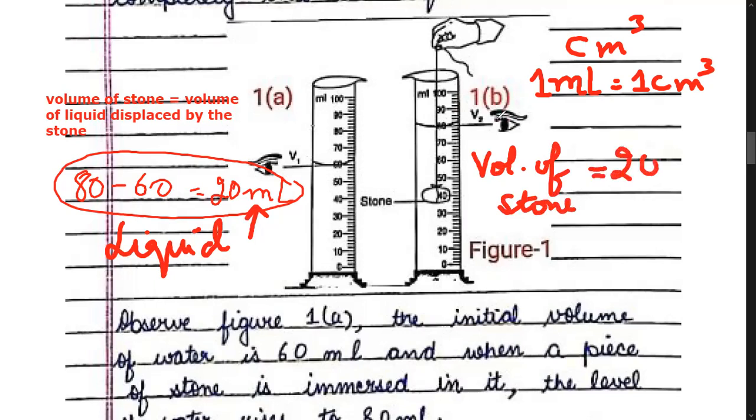It will be 20, but instead of milliliter, we will write centimeter cube, because stone is solid and it cannot be measured in units of liter.